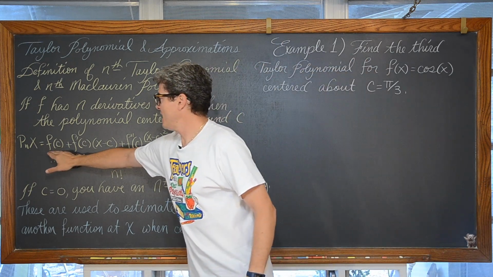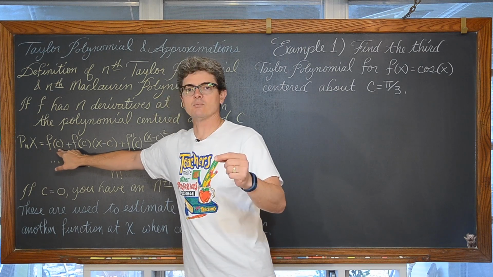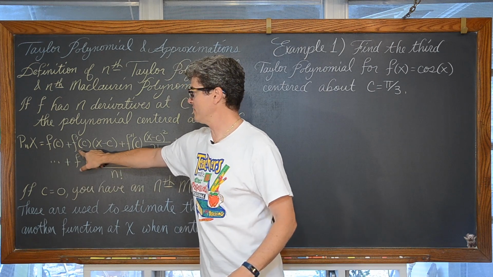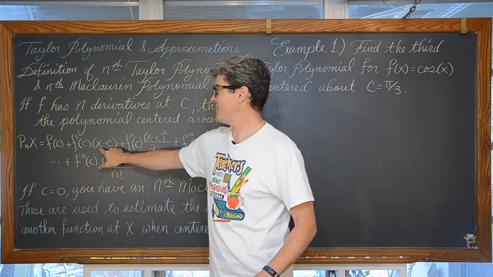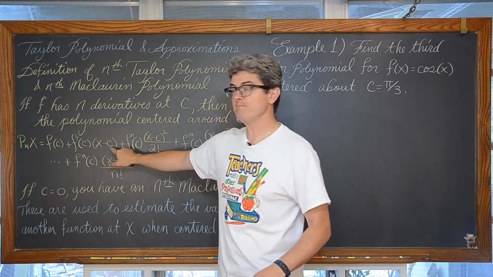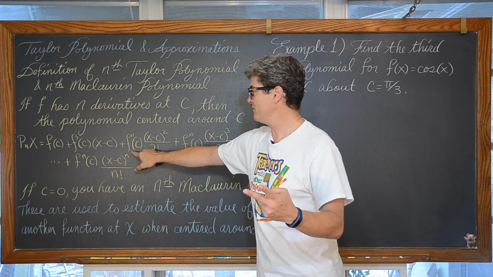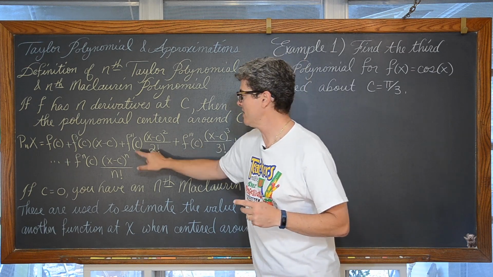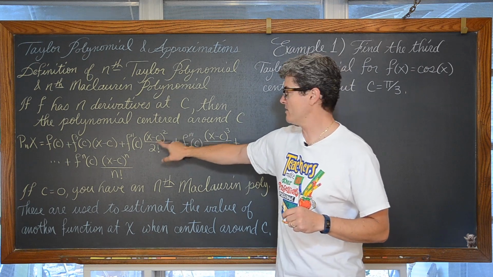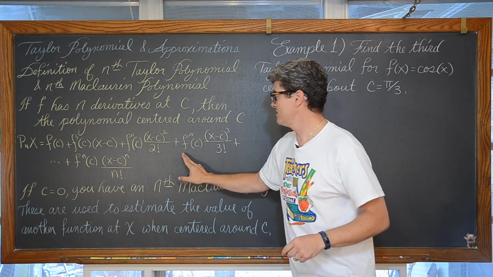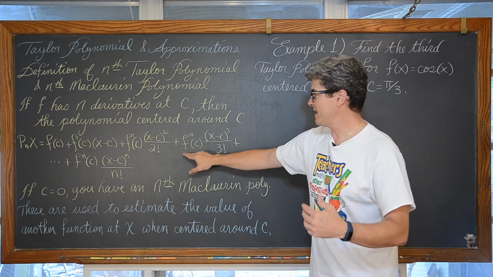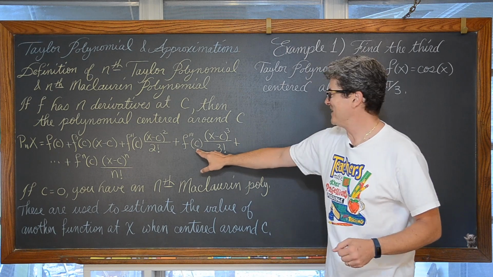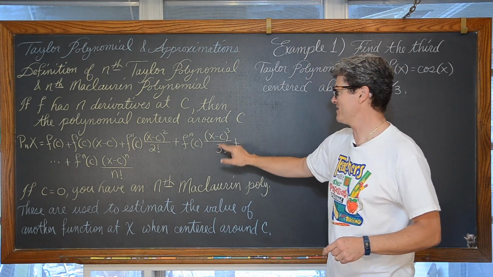And we have f of c, so we're going to put the center where we intend to make the center of our Taylor polynomial into our original function, and then we're going to work with the first derivative, f prime of c times x minus c, and then plus the second derivative, still plugging in the center value, multiplied by x minus c squared over 2 factorial, plus the third derivative, f triple prime of c, times x minus c to the third power over 3 factorial.